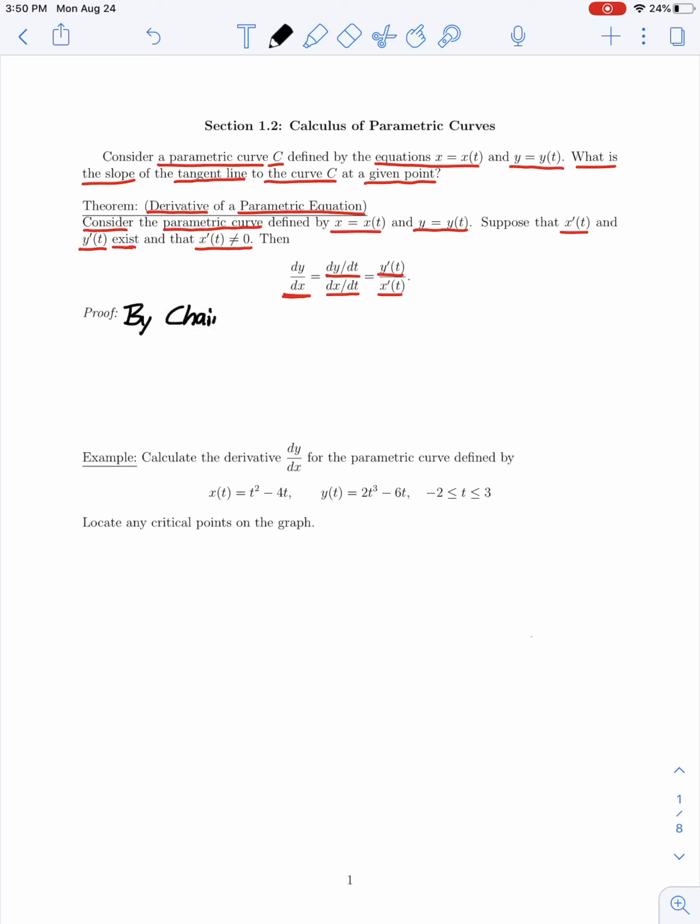By making use of the chain rule, if I'm differentiating y with respect to t, and y can be thought of as a function of x, then I could get the derivative of y with respect to t by first differentiating y with respect to x, but since x is a function of t for a parametric curve, I would then have to multiply by the derivative of x with respect to t. Recall this is the Leibniz form for the chain rule.